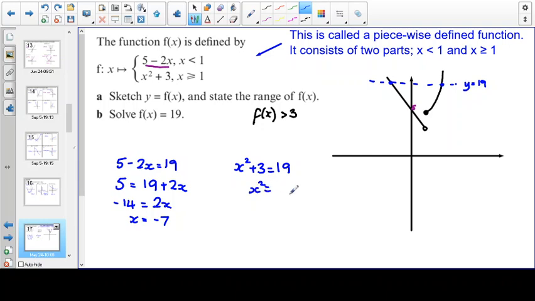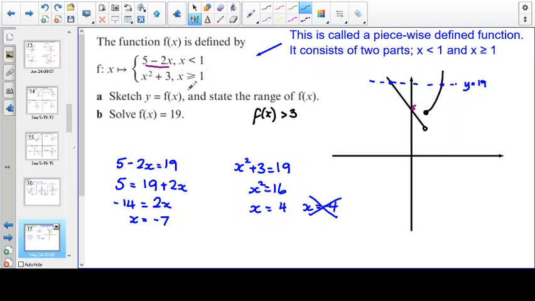x squared equals 16. Now x technically can be plus or minus 4, but in this case it's not going to be minus 4 due to the fact that x is not negative for that particular function there.